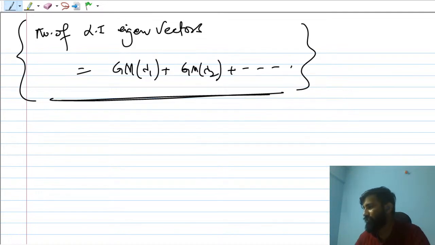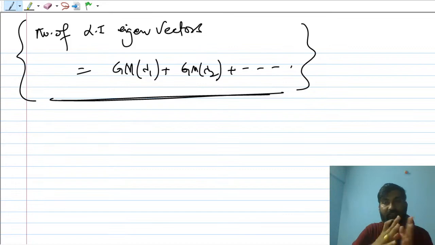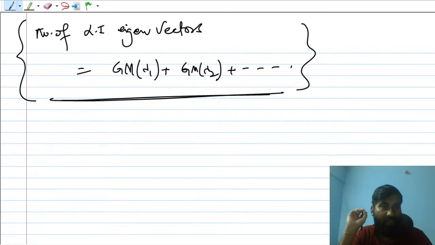Let us see one question. It was asked by IISc Bangalore, mechanical engineering. I will solve that question. So you see here, we have to calculate everything. In this case, the eigenvalues are distinct and you will get the number of linearly independent eigenvectors. How to compute the number of linearly independent eigenvectors?